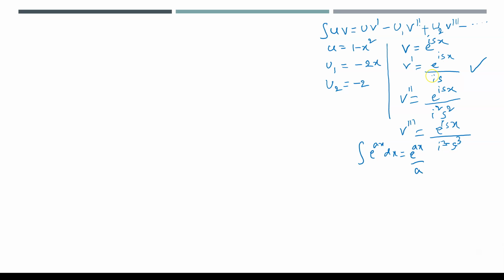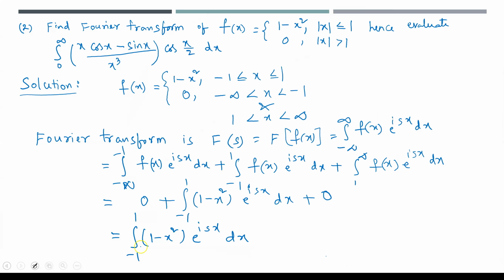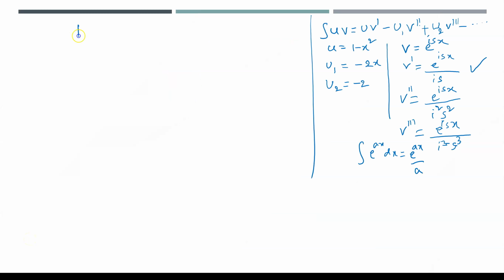Using this, we got this integral. Now let us see this integral: f(s) equals integral from minus 1 to 1 of (1 minus x square) into e power isx dx.